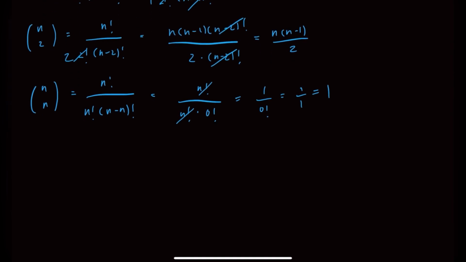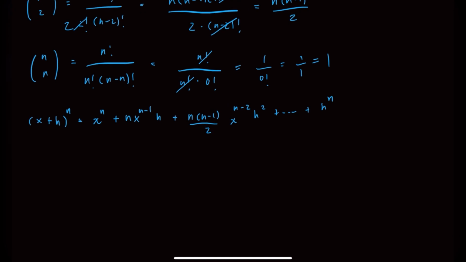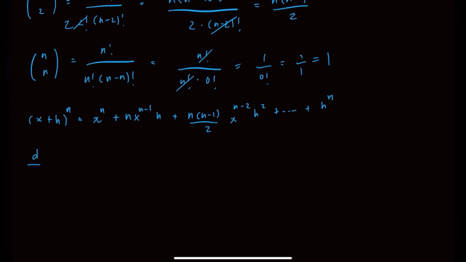So with everything said and done, we have (x plus h)^n. It should be x^n plus n x^(n minus 1) h plus n times (n minus 1) over 2, x^(n minus 2) h squared, and then we're just going to have h^n.